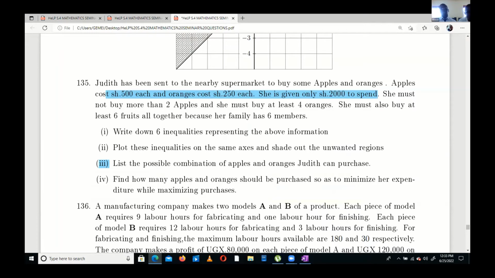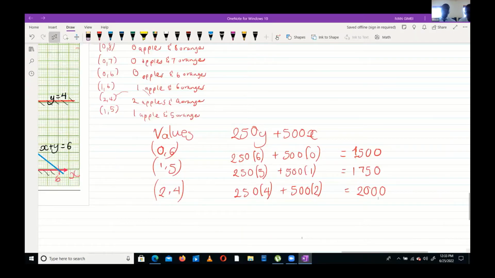So we have minimized our expenditure, but then we need to get the number of fruits altogether that you buy while spending the least amount of money. And after working this all out, we realize that the least amount of money here is 1,500 shillings.